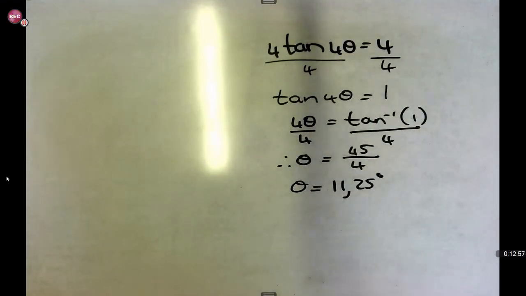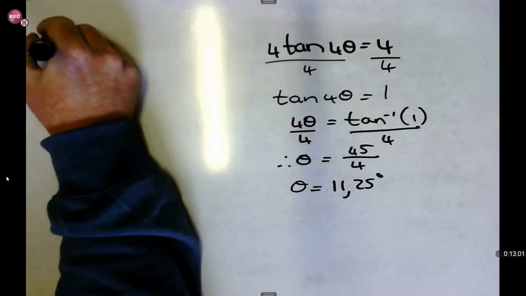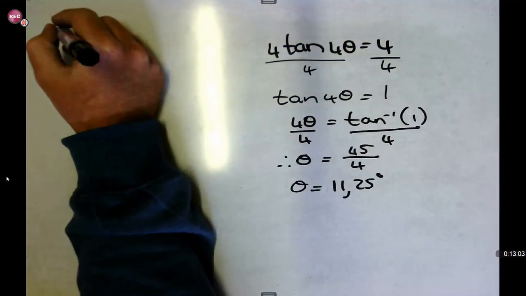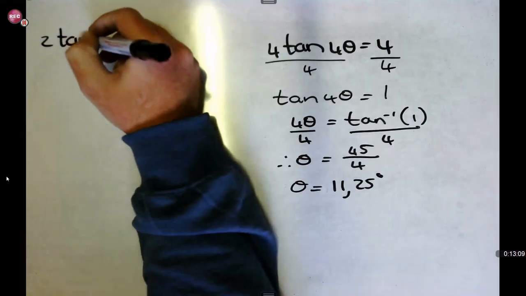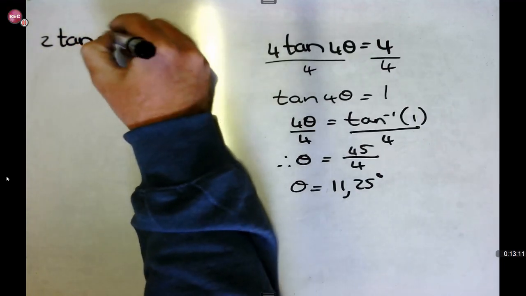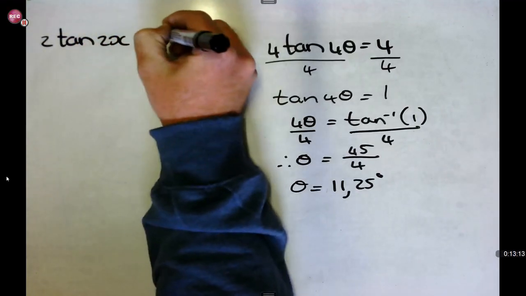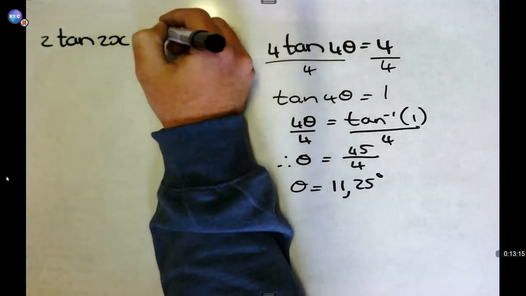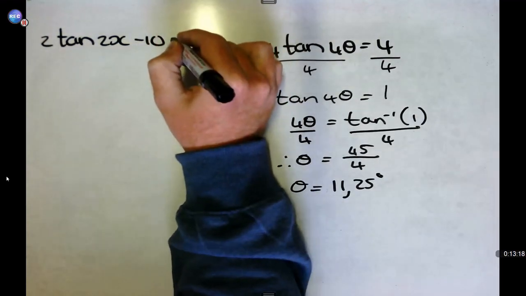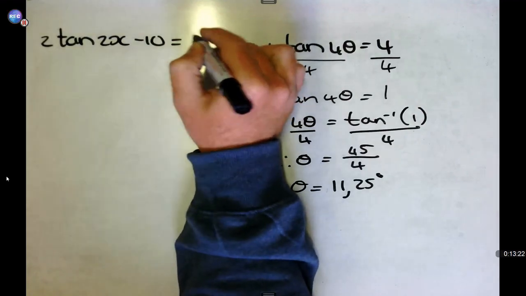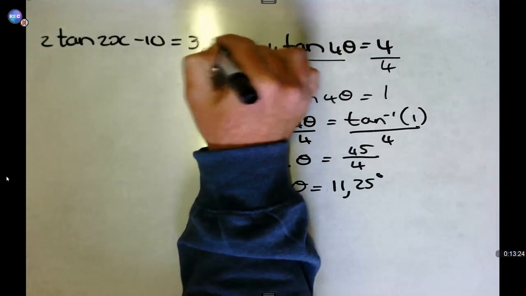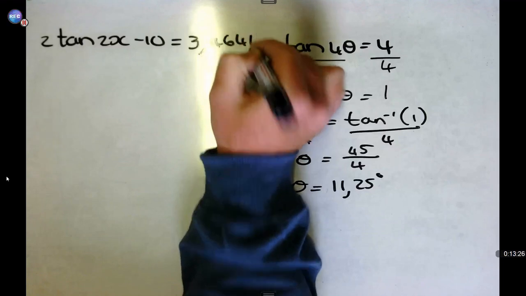Let's do this one. Okay, let's do 2. What we got there? 2 tan 2x minus 10 equals 3,4641.